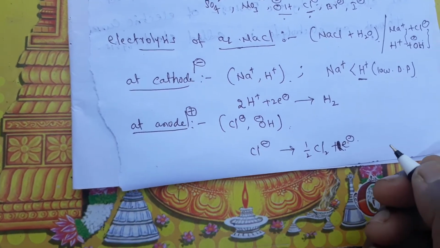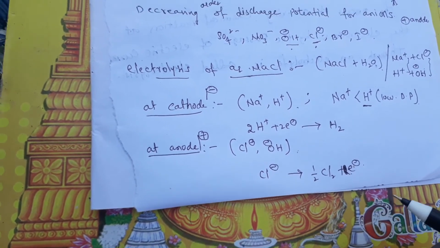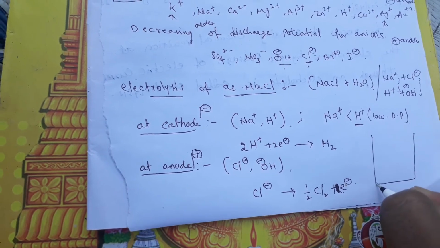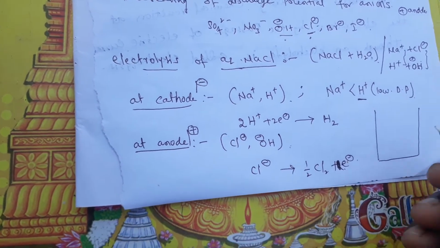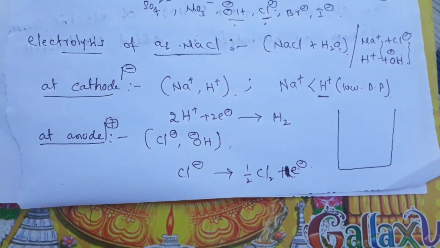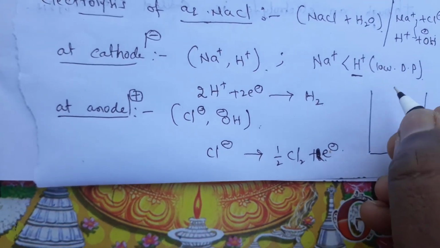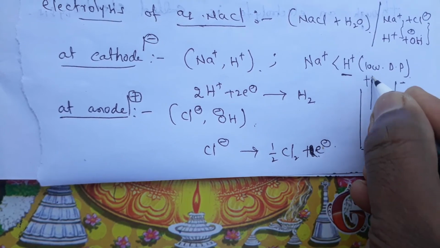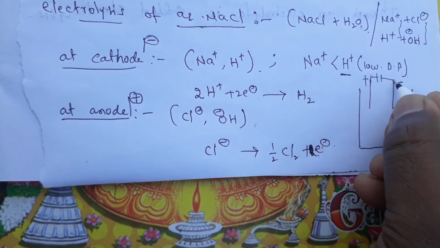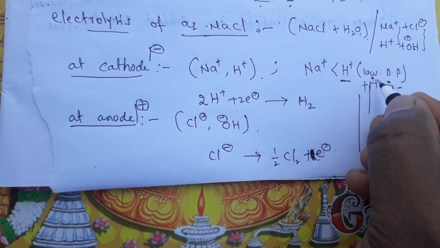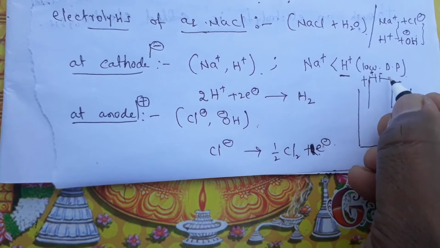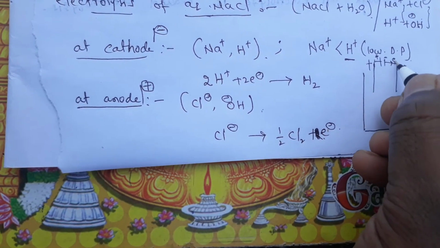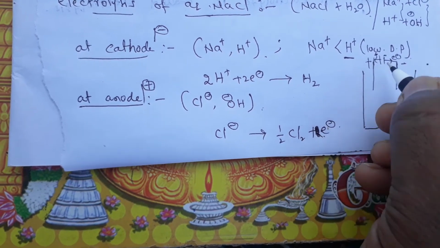So this is the reaction that takes place at the cathode and anode. If I represent it diagrammatically, there is a positive and a negative, and we add an electric current switch or anything you can take. The current is in this direction.